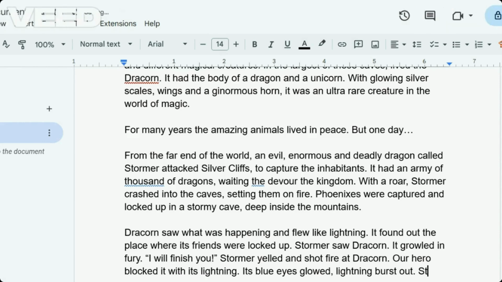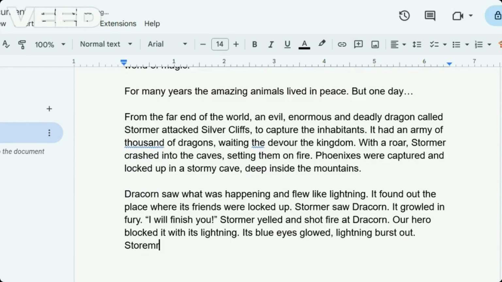Now what happens to Storm? Storm dies, right? Storm was hit. It fell down motionless. So motionless means it's dead.